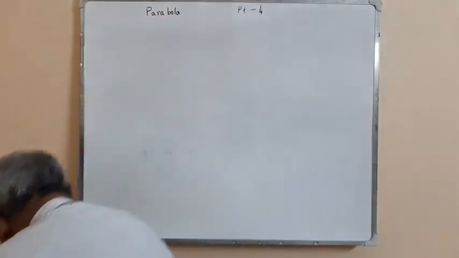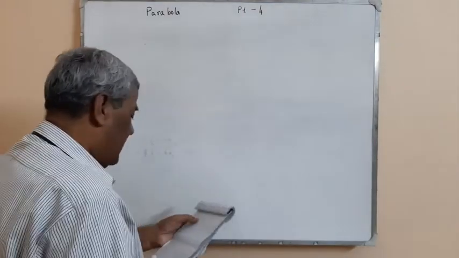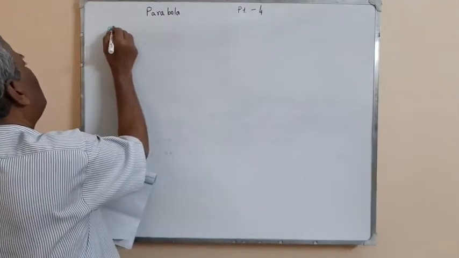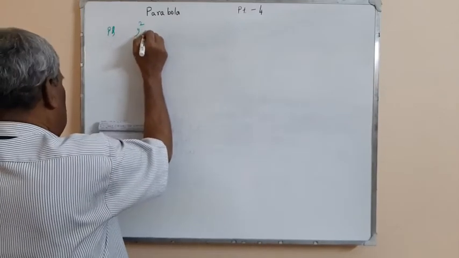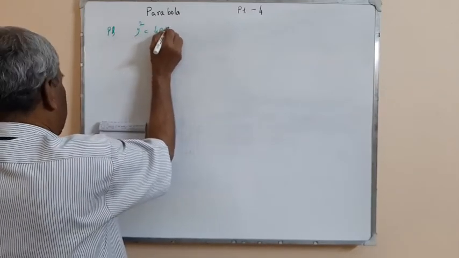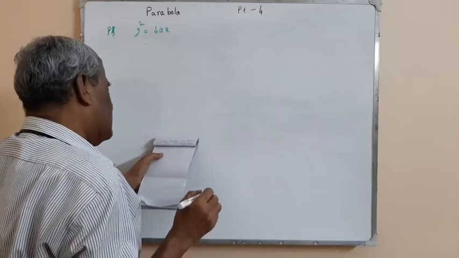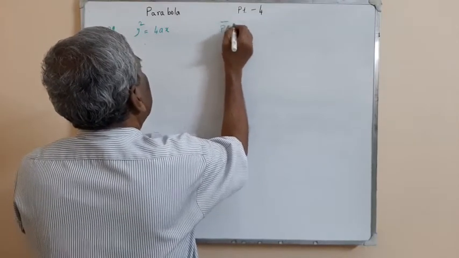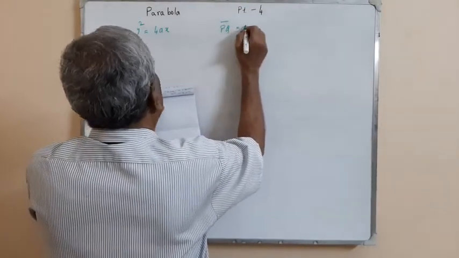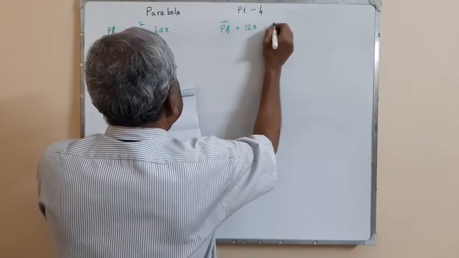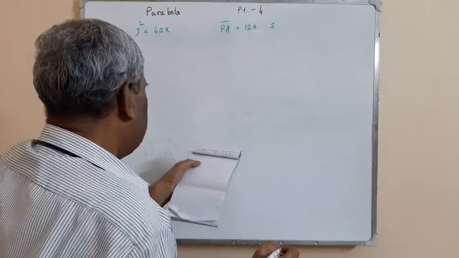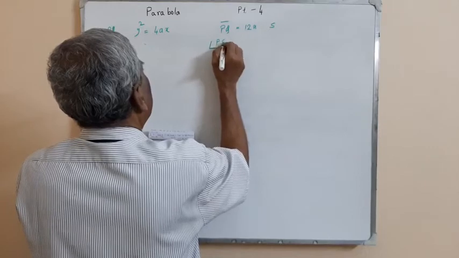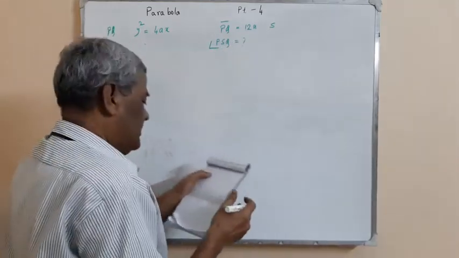Let us take the first problem. If PQ is a chord of y square is equal to 4ax parallel to latus rectum, and length PQ is equal to 12a, S is the focus, then angle PSQ is what?